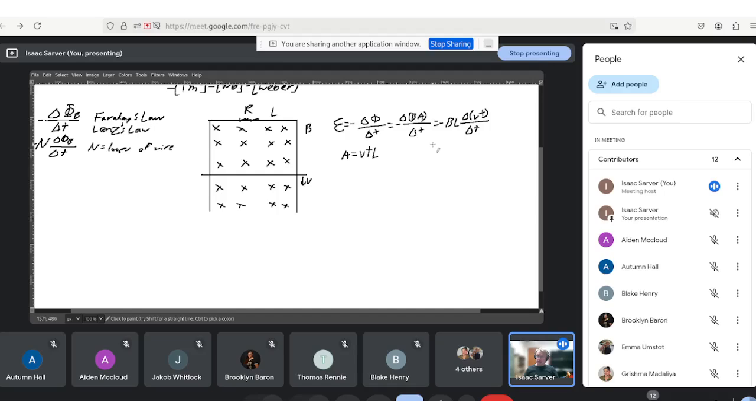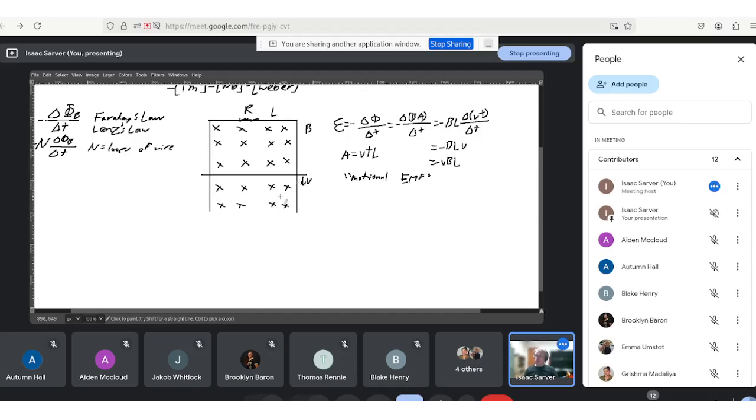So that means that my electromotive force here is minus B L v. The book prefers that in the order of minus v B L. Like so. So this is what is known as motional electromotive force, because a thing is moving.